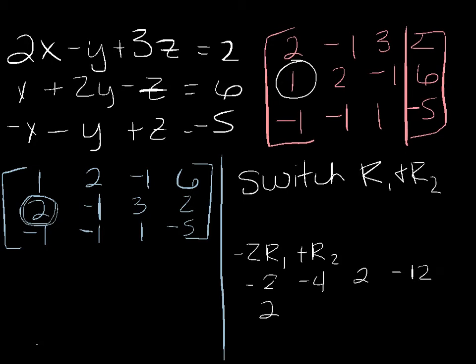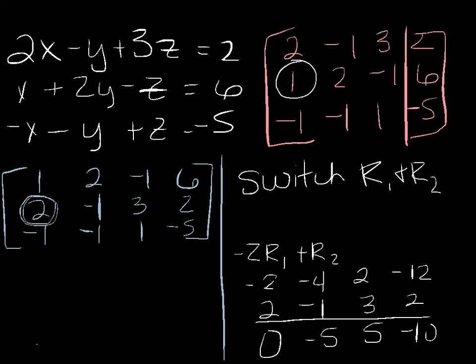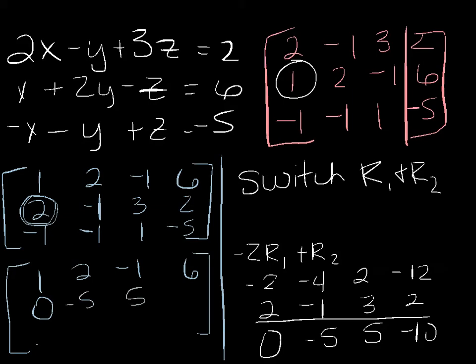Then I'm going to add that to row 2. So that gives me 0, negative 5, 5, and negative 10. This is going to replace row 2 in my matrix. So when I write my new matrix, I now have a 0 instead of that 2, and negative 1, negative 1, 1, and negative 5 there.